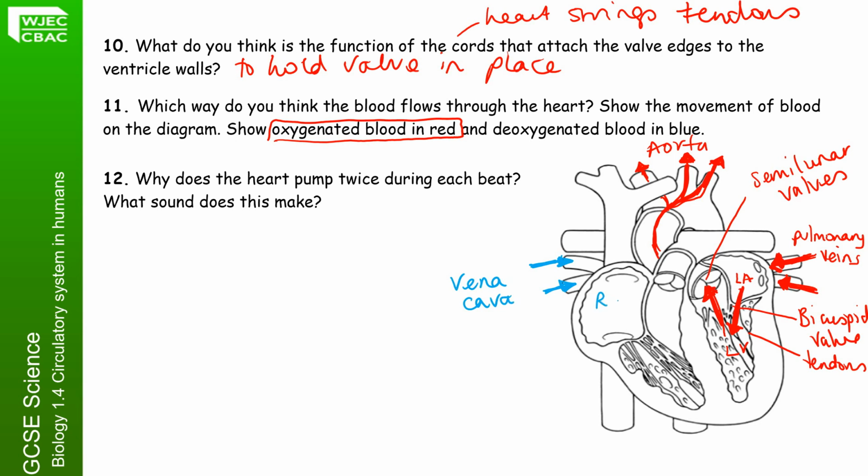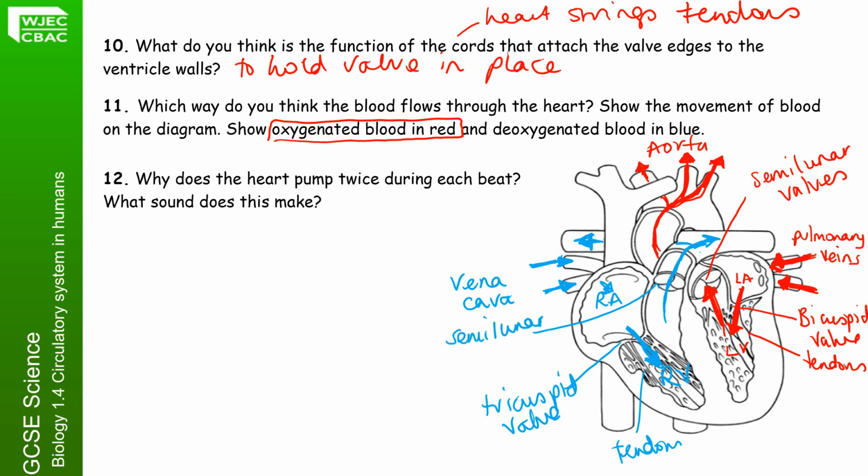They come into the right atria, down through the tricuspid valve, through the tendons, into the right ventricle, RV, through the semilunar valves, so these are the semilunar valves here.